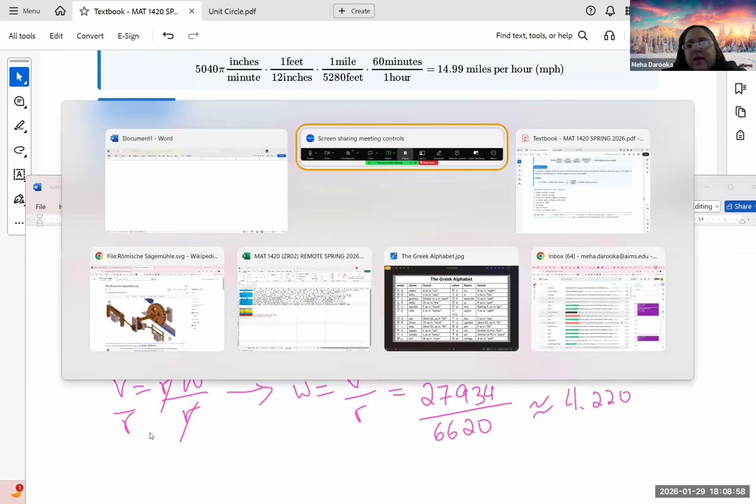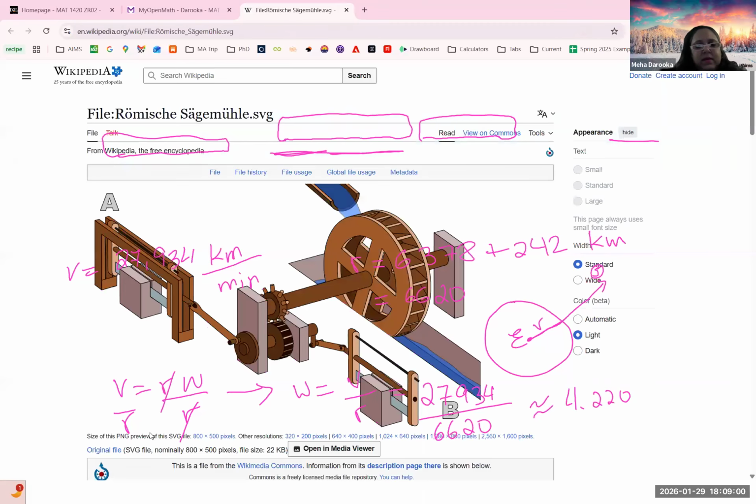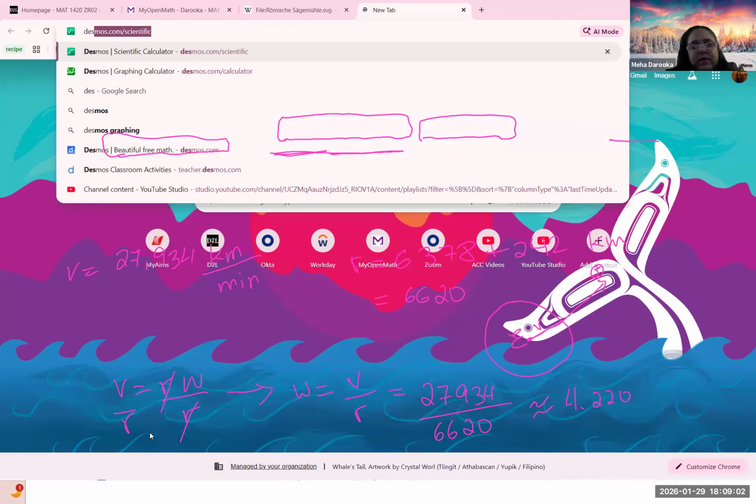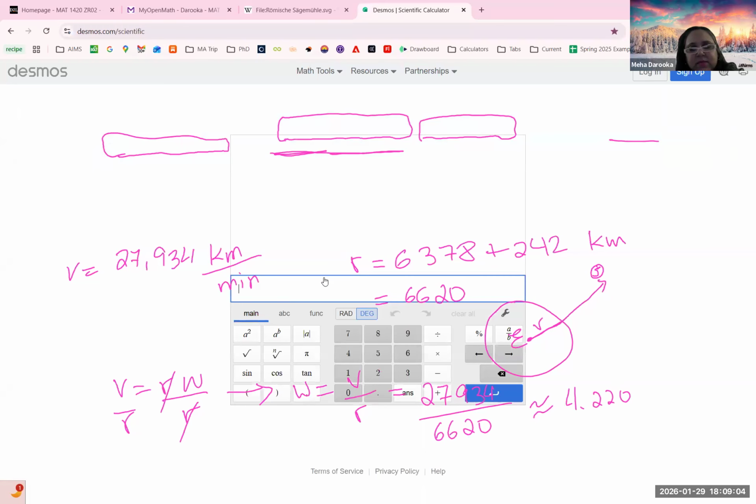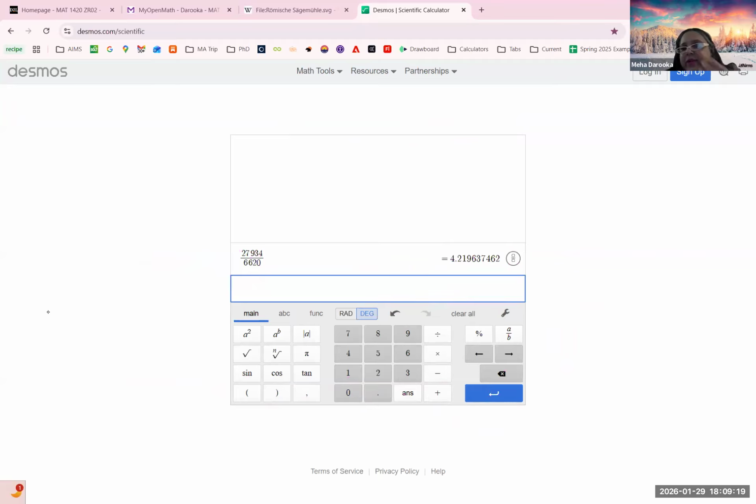I can just show you that quickly on our Desmos here. So 27,934 divided by 6,620. And you can see if you don't have the rounded answer, it's still pretty close, right? Because you've got 4.2196.